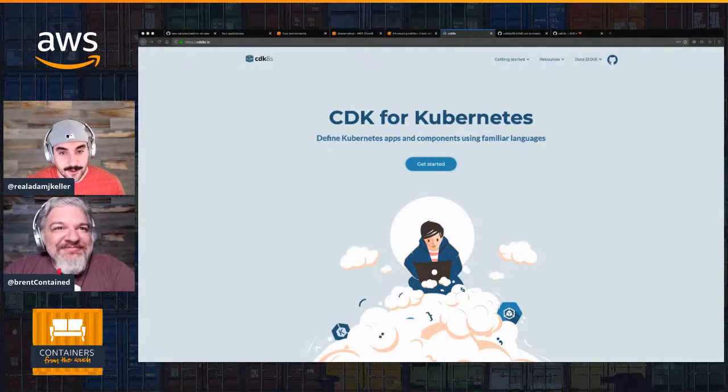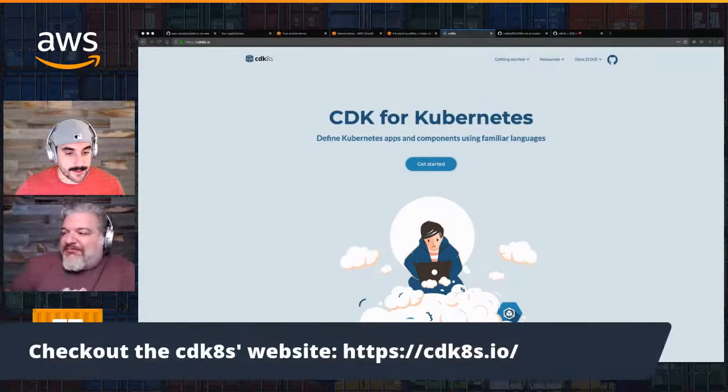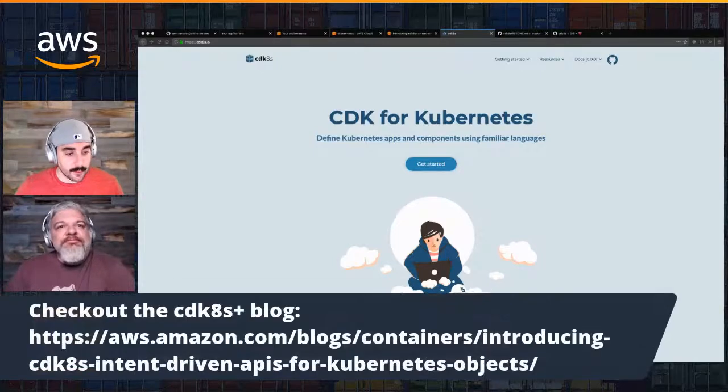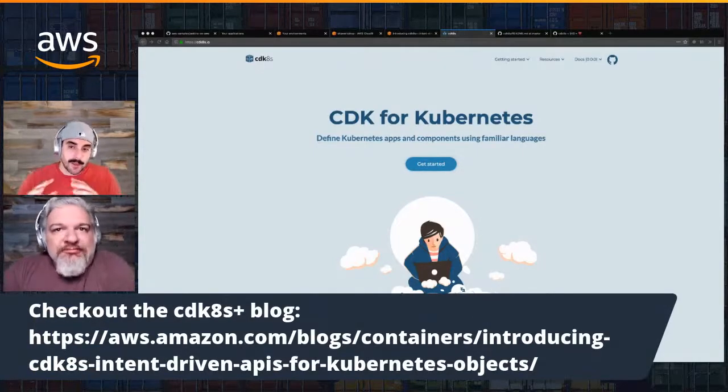Totally understandable. One thing I want to link you to is the website, CDK8s.io, and also CDK8s Plus. CDK8s is a way to define Kubernetes objects in code and have them synthesize or compile into your Kubernetes YAML templates, your YAML manifests.